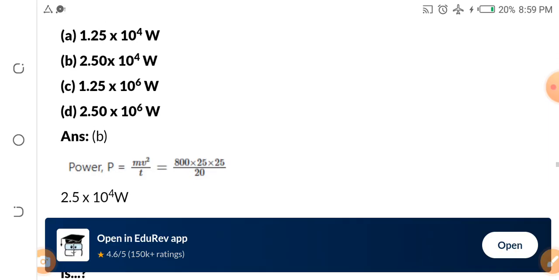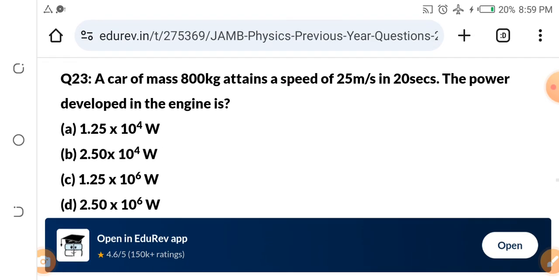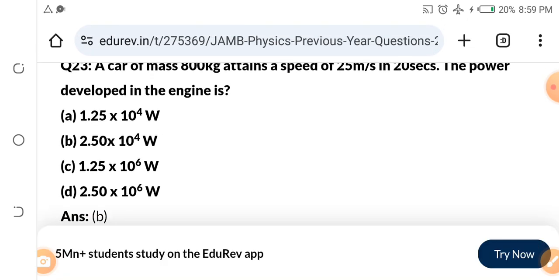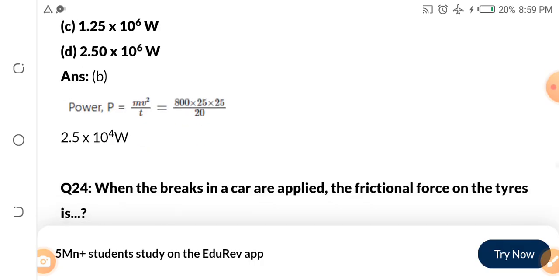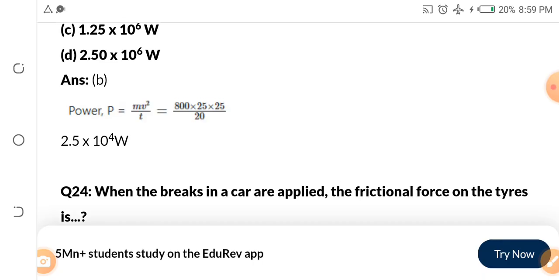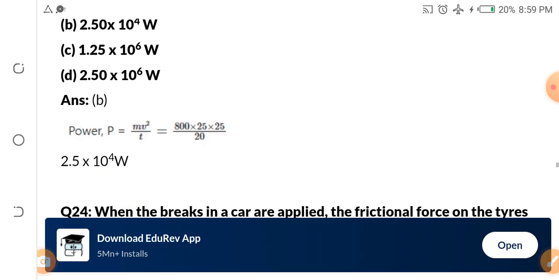Then we have our time. They gave us time as 20 seconds; time in physics calculation is often measured in seconds. Assuming it was a minute, we have to convert it to seconds by multiplying by 60. So when you substitute, you get 2.5 × 10^4, and B is the answer.